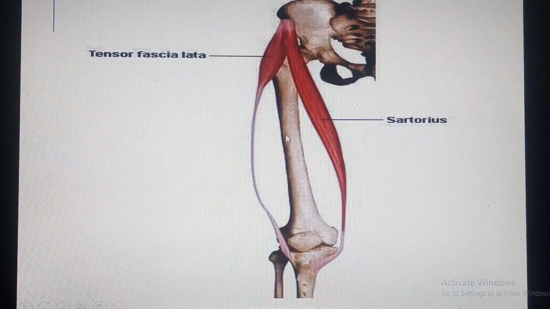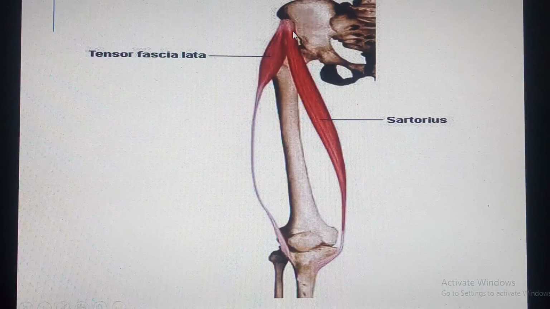Now the next muscle on the list is the longest muscle in the human body. Otherwise, we call it the tailor's muscle. Otherwise we call it the honeymoon muscle. I'm going to explain why we call it the honeymoon muscle. This is the sartorius muscle.